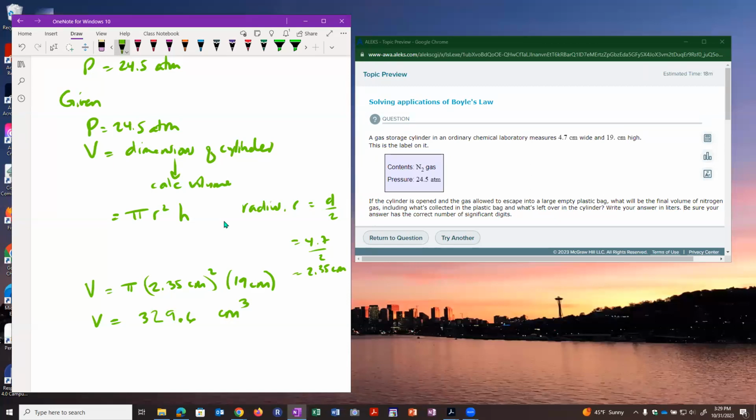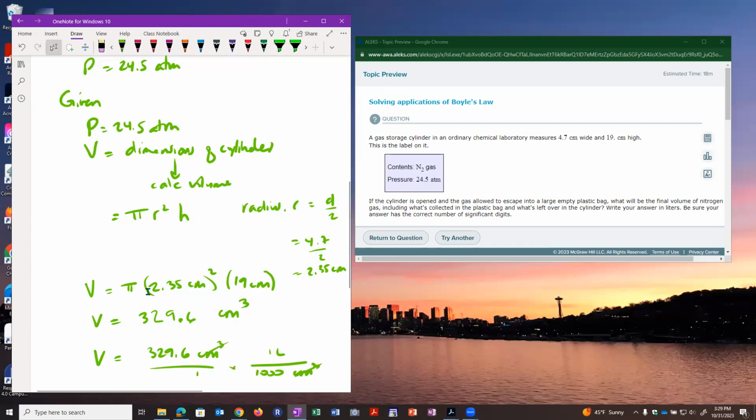We need the answer in liters, so we can convert this volume to liters right away. You have 329.6 cubic centimeters. If you remember way back from your metric conversions, 1 liter is 1,000 cubic centimeters.